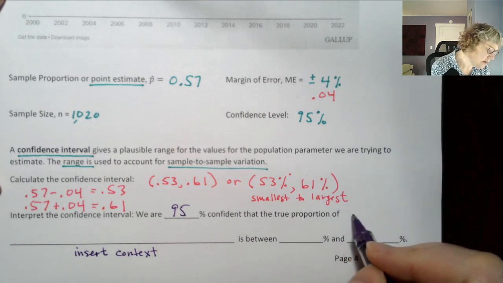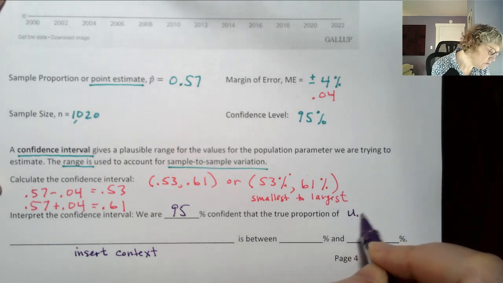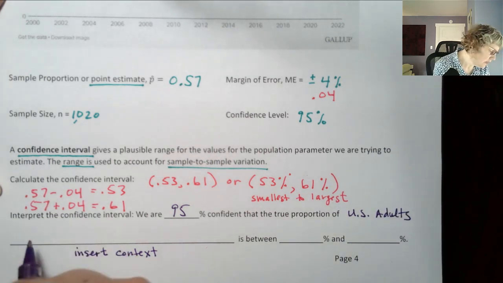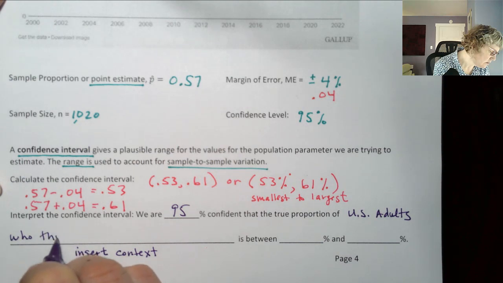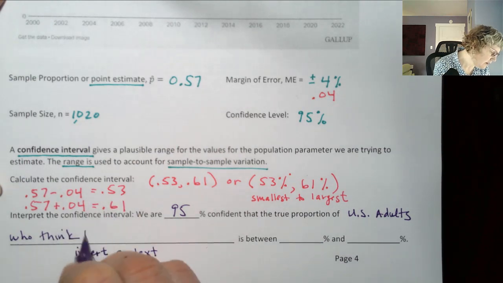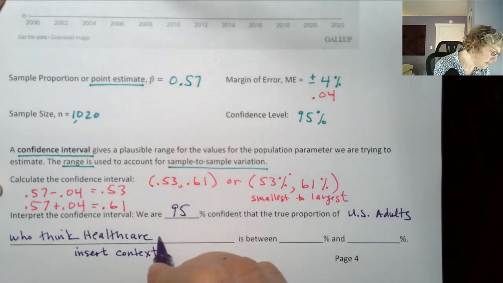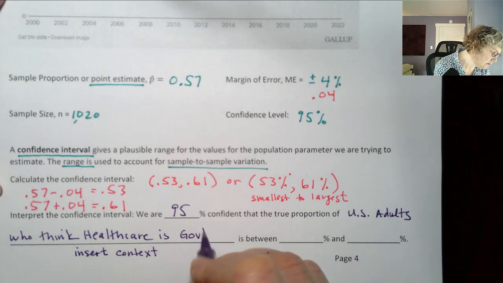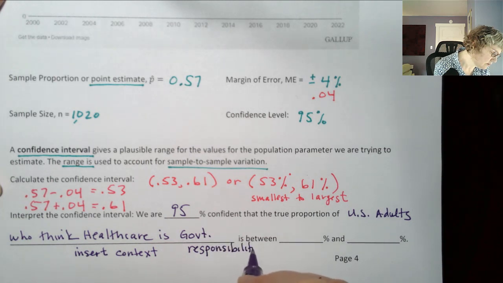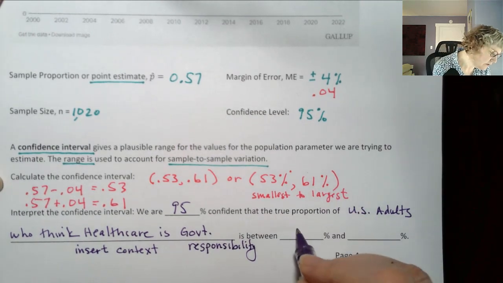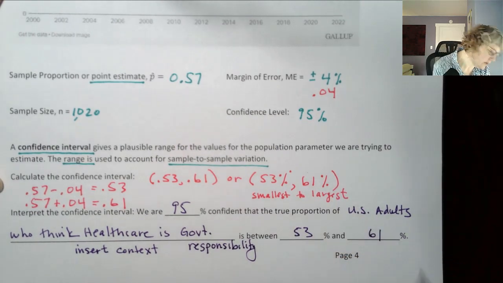True proportion of U.S. adults who think healthcare is government responsibility is between blank and blank percent, so 53% and 61%.